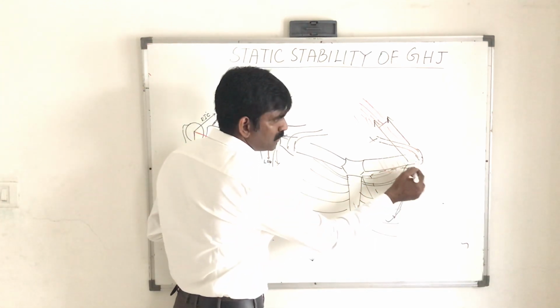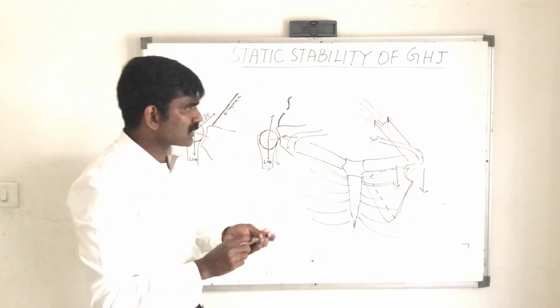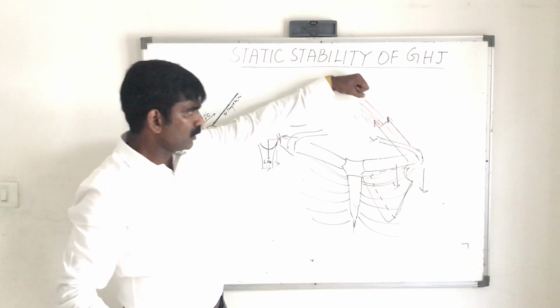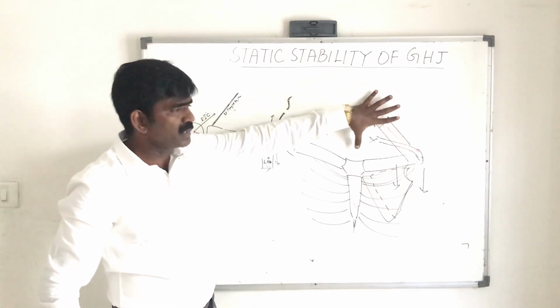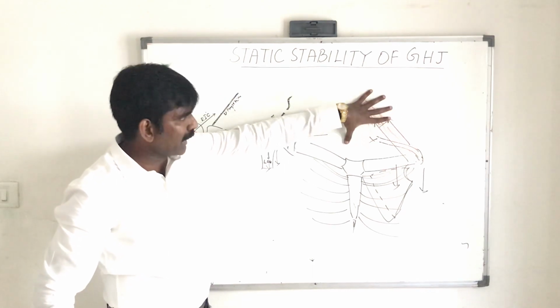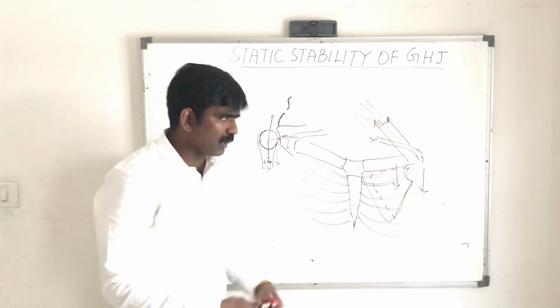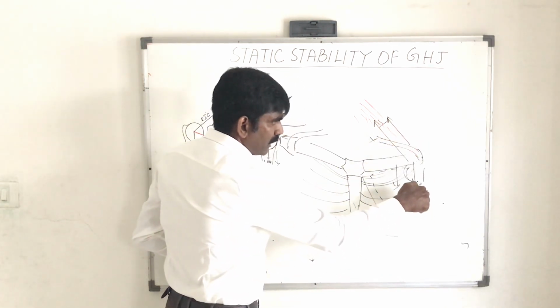The clavicle will drop. Normally the clavicle is kept elevated due to the tension of the upper trapezius muscle. If the upper trapezius is paralyzed, then the lateral clavicle will come down.